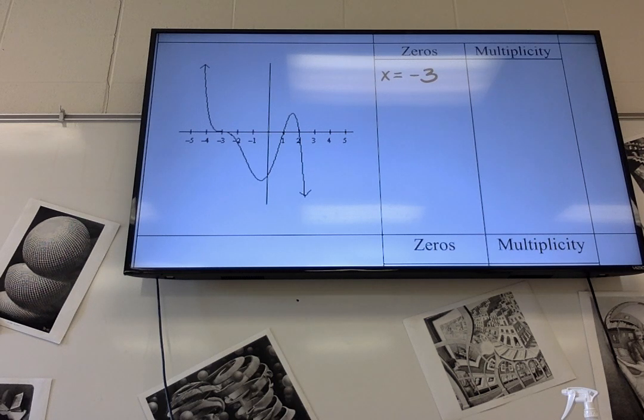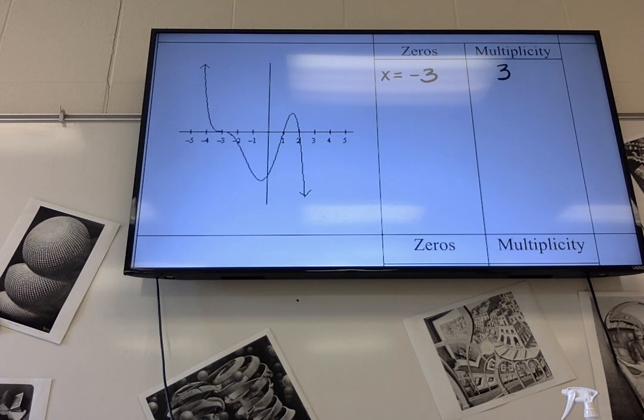Okay. When it does this number, it changes concavity. It goes from concave up to concave down, or just think of it as flattening out like that. Then that means it has a multiplicity of 3.